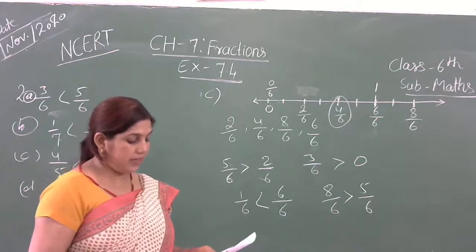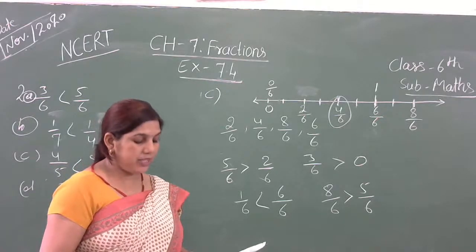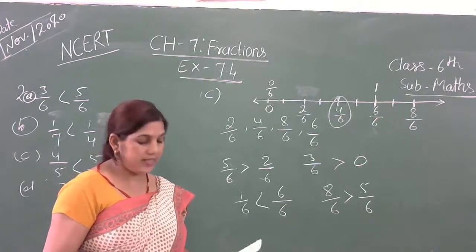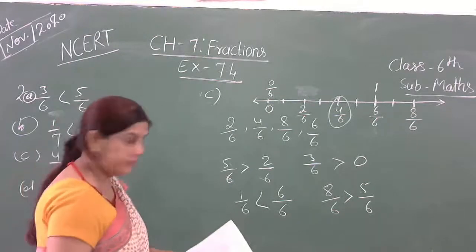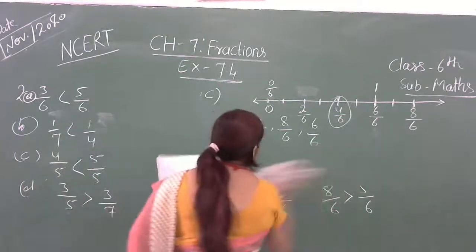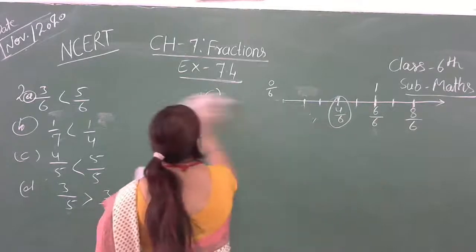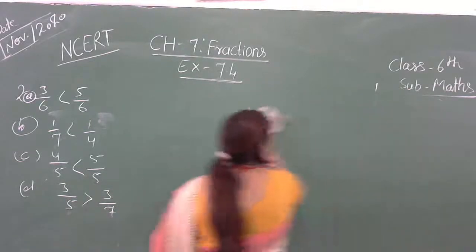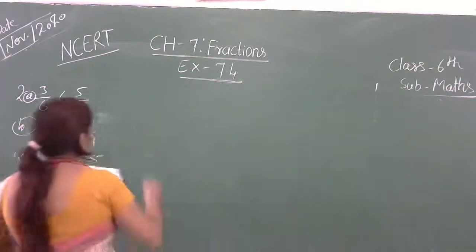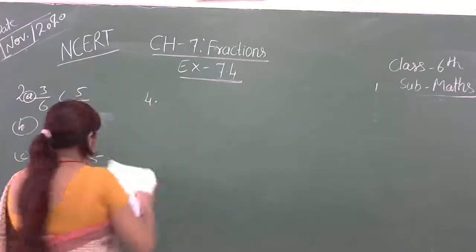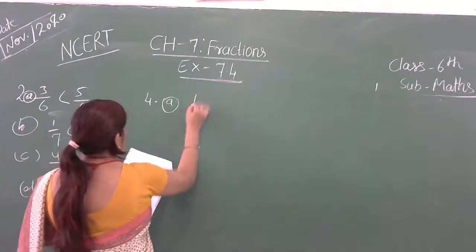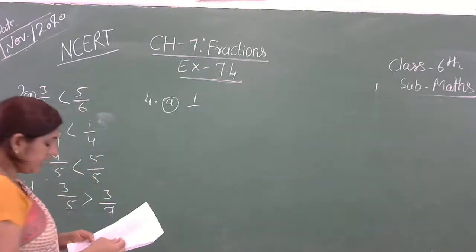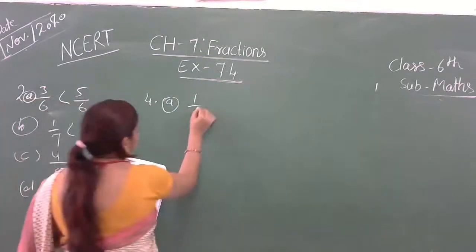After that, you have to put the sign greater than, less than or equal. So coming to question number 4. This chapter is also very easy, but maybe you are facing some difficulties, so that's why I am explaining here.